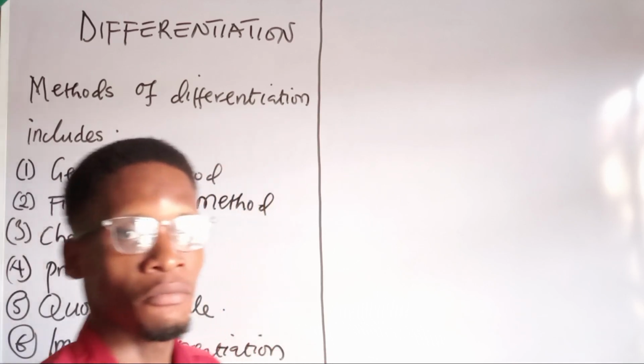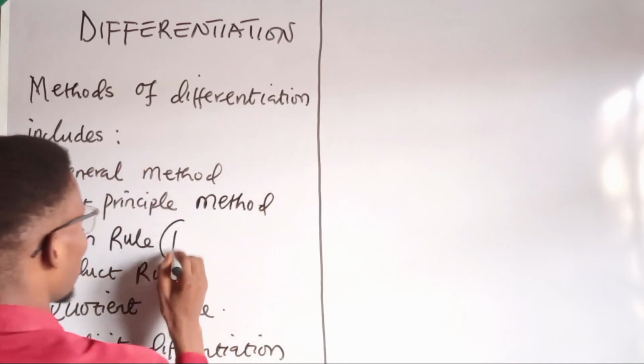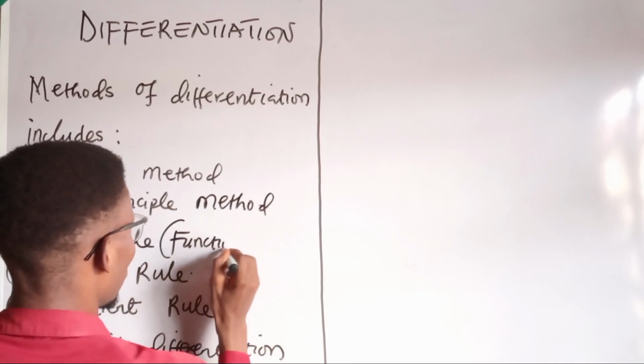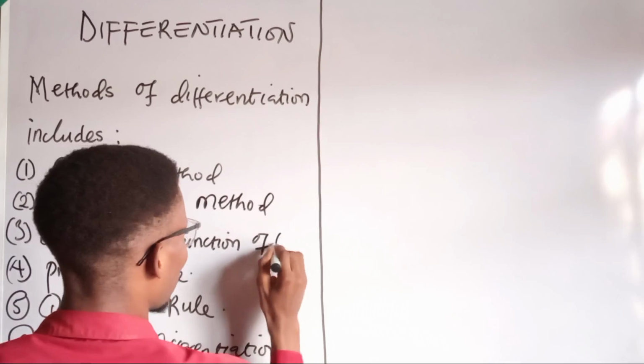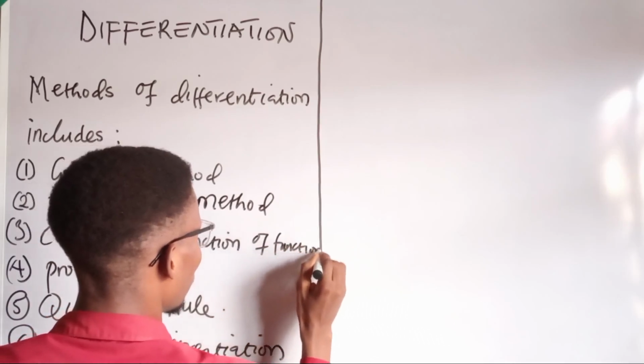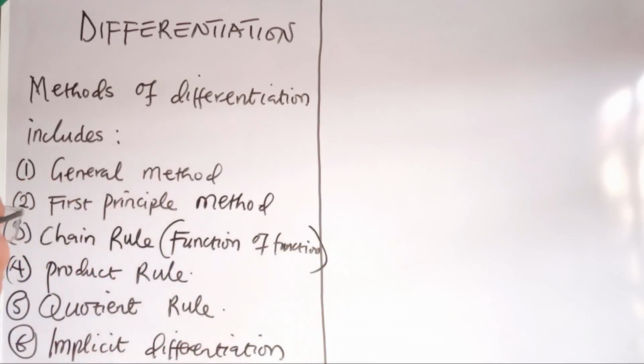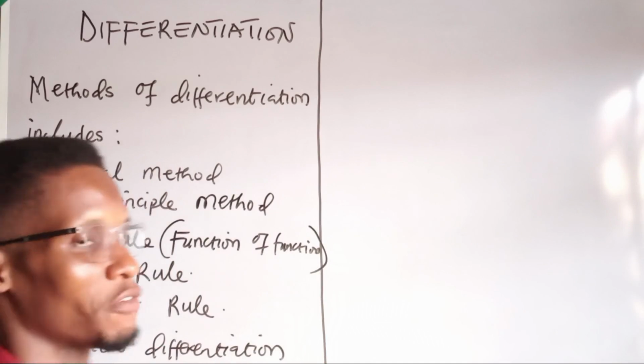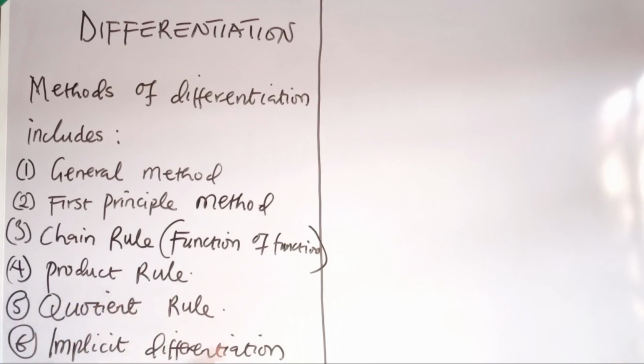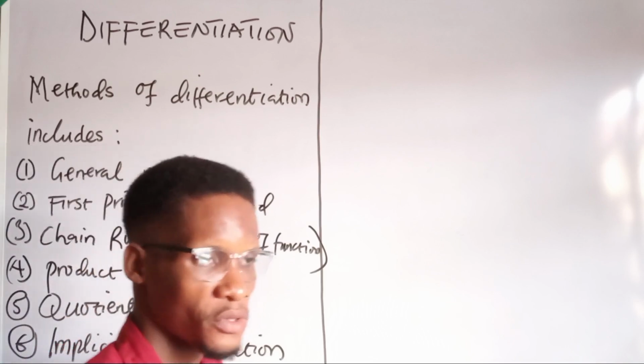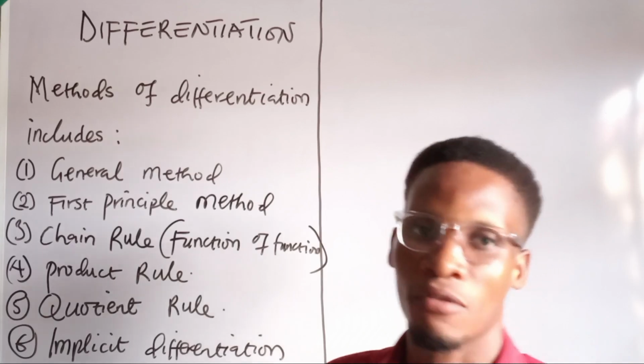That's another name for the chain rule. The next methods we use to solve differentiation are the product rule, and after the product rule, the quotient rule, then implicit differentiation. So these are the methods that we use to solve differentiation.